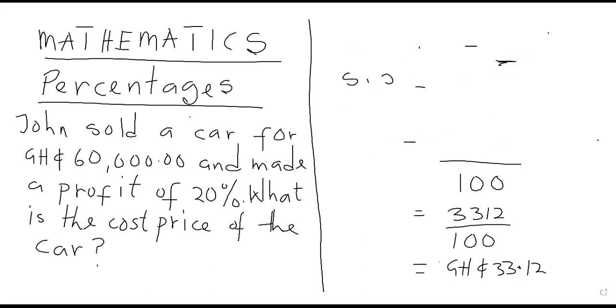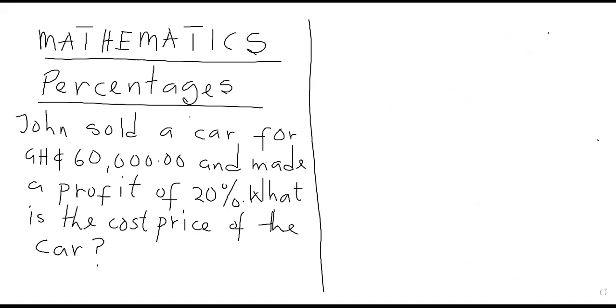So this time we want a cost price. And this is under profit percent. Good. And remember, I explained to you that the cost price, that's the original price. Anything original should be equivalent to 100%. So the cost price should be equivalent to 100%. The selling price has been given as 60,000 Ghana cedis.